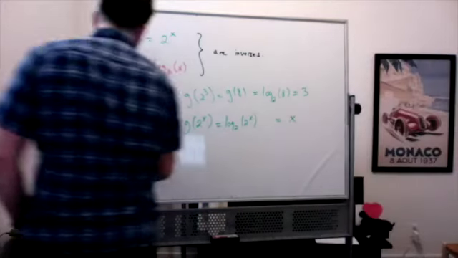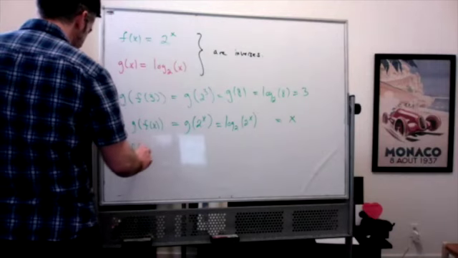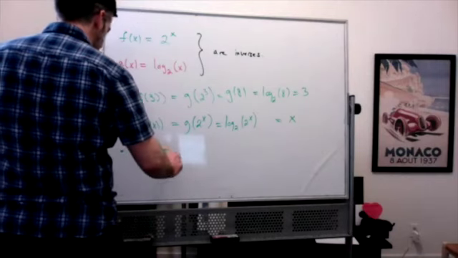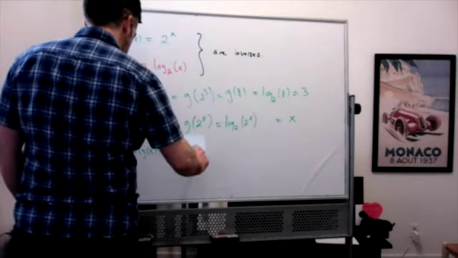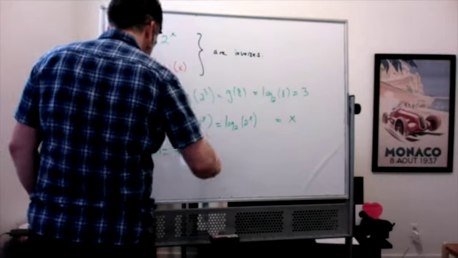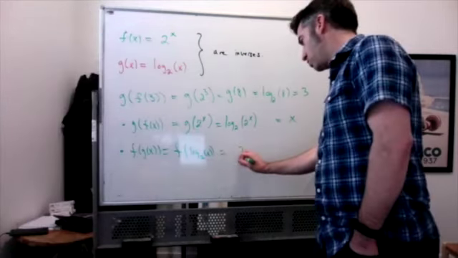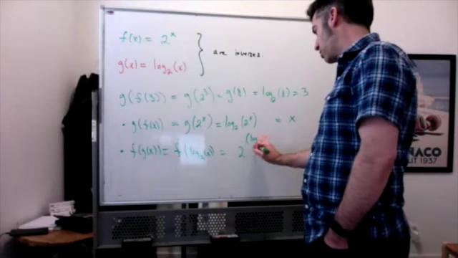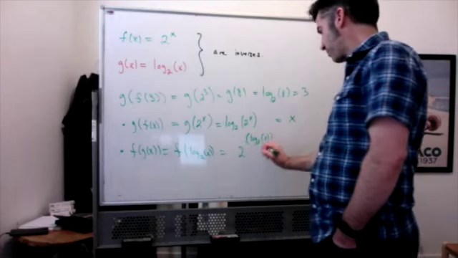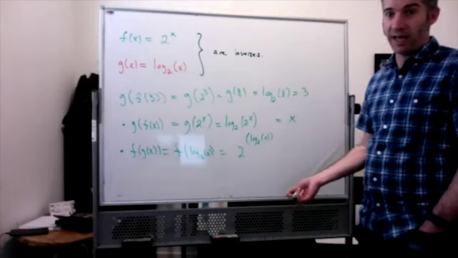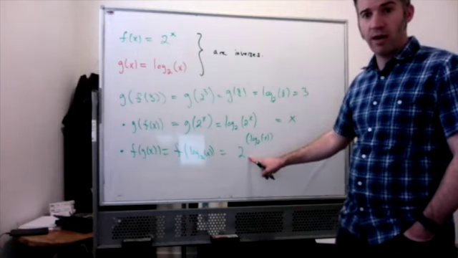In a similar way, f of g of x is equal to f of log base 2 of x, which is equal to 2 to the power of log base 2 of x. And again, this is equal to x because you're saying 2 to what power?